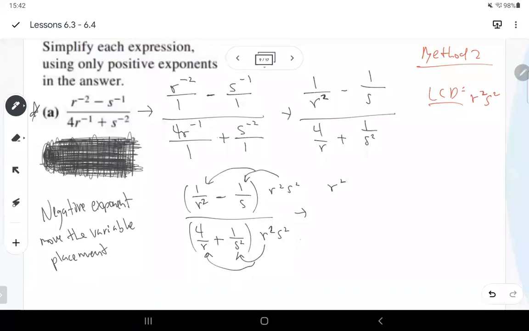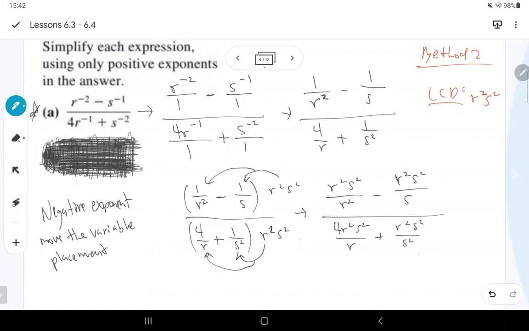So we'll get r squared s squared over r squared minus 1 r squared s squared over s, over 4r squared s squared over r plus r squared s squared over s squared.